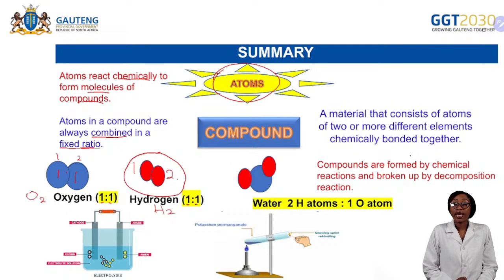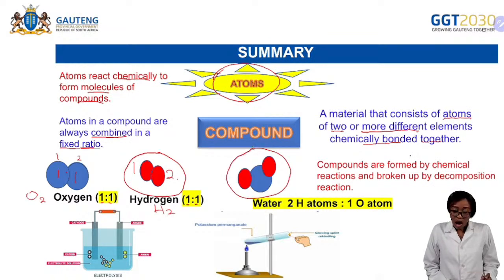We also learned about compounds. What did we say a compound is? A compound is a material that consists of atoms of two or more different elements chemically bonded together. If we look at this compound, water, how many elements do we have?